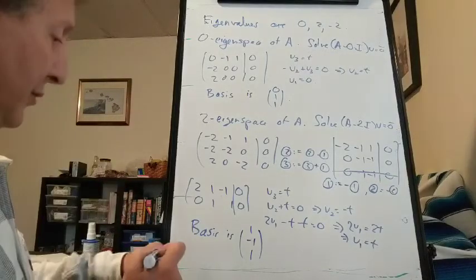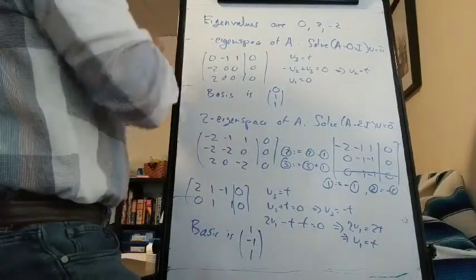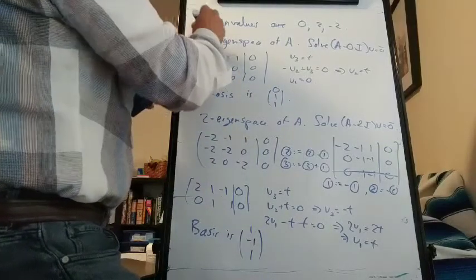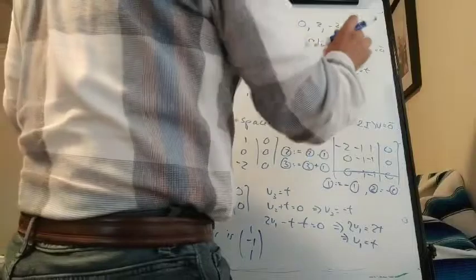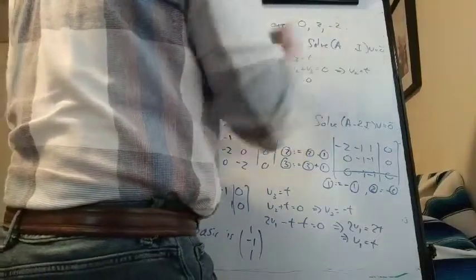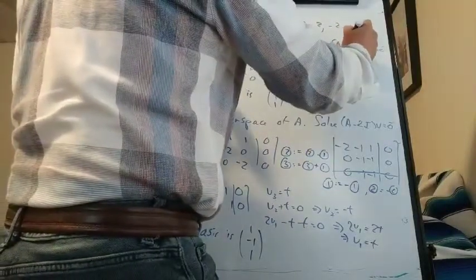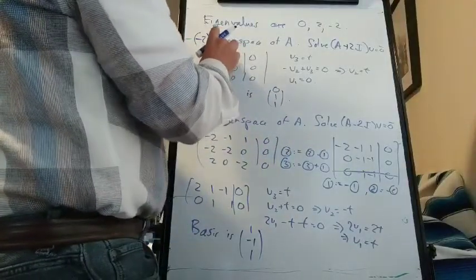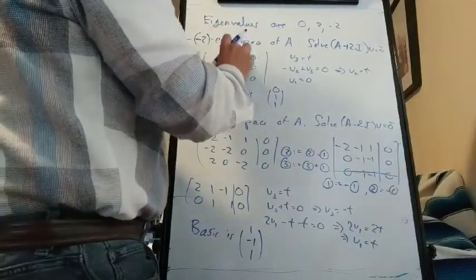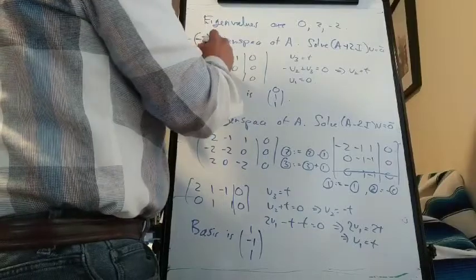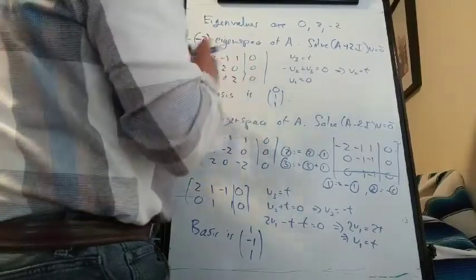Now let's look at the negative 2 eigenspace. So we'll solve (A minus negative 2I)v equals 0, that's (A plus 2I)v equals 0. And so I guess we're adding 2 to the diagonal: 2, 2, 2.